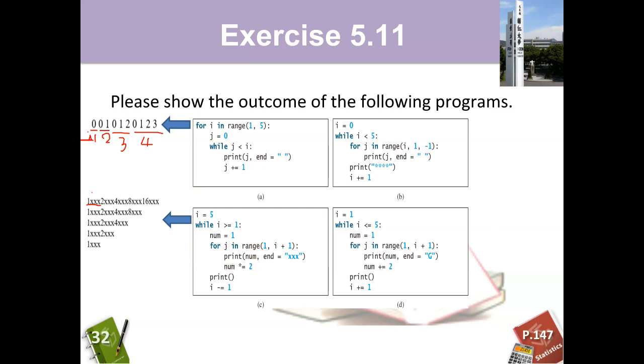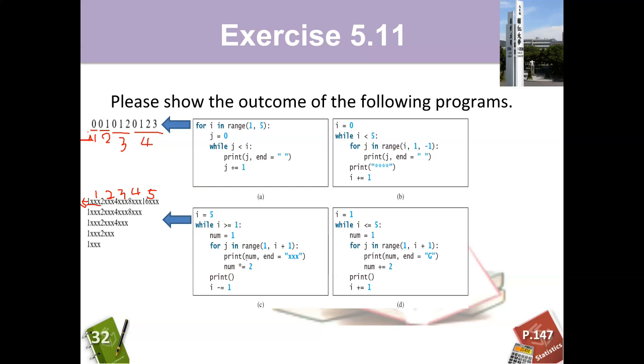So in this line, i is 5. Here j equals 1, then j equals 2, and j equals 3, 4, 5, right? And each time the number will multiply by 2.